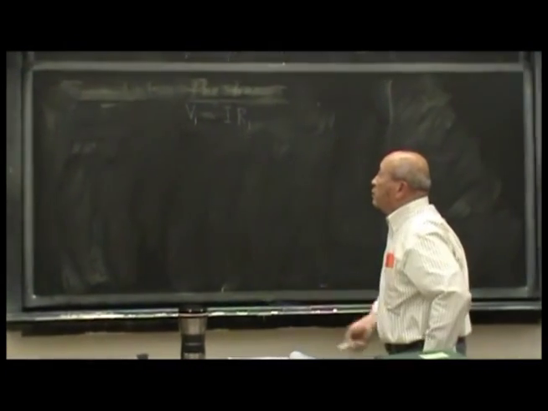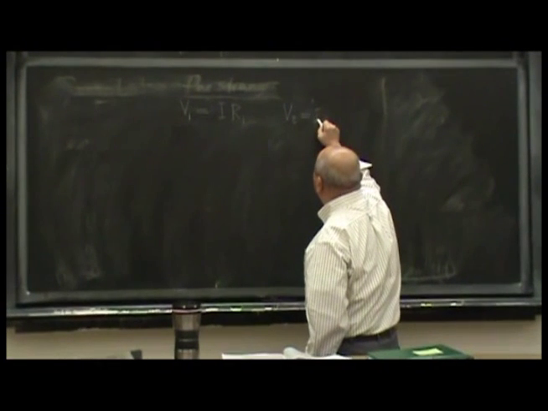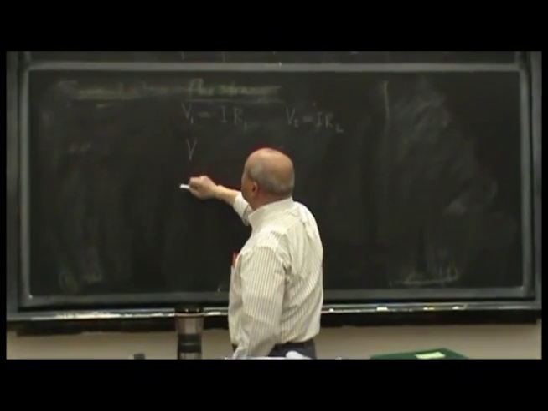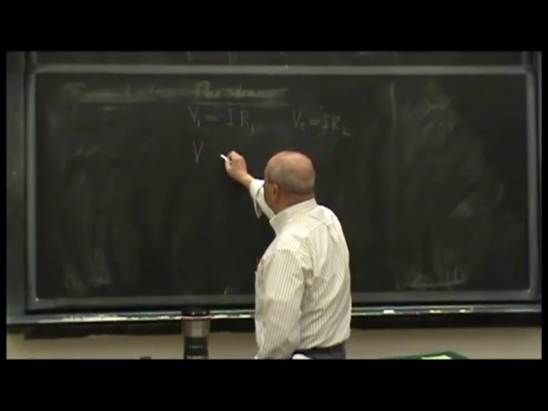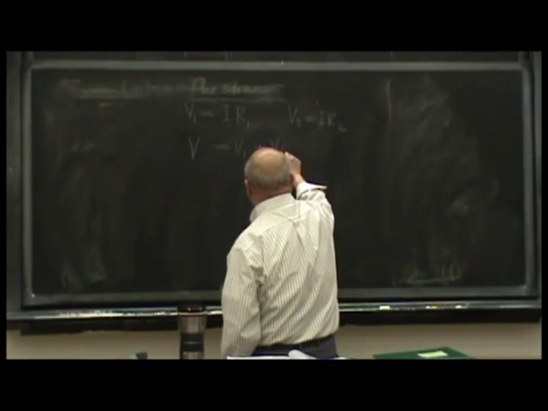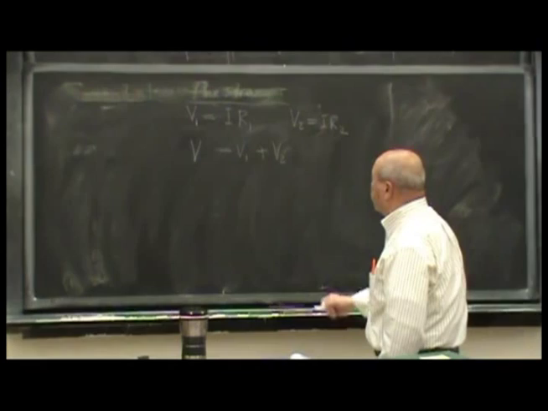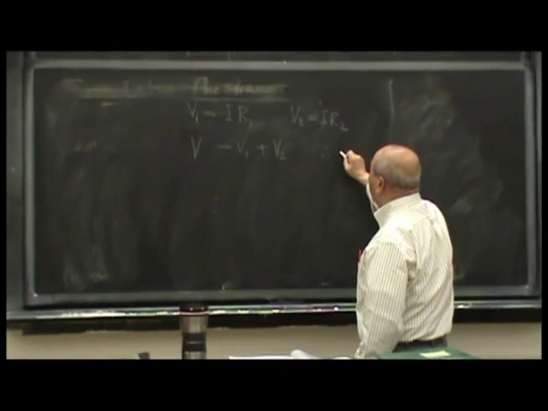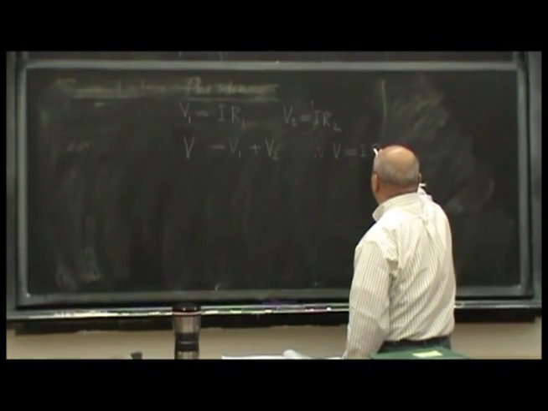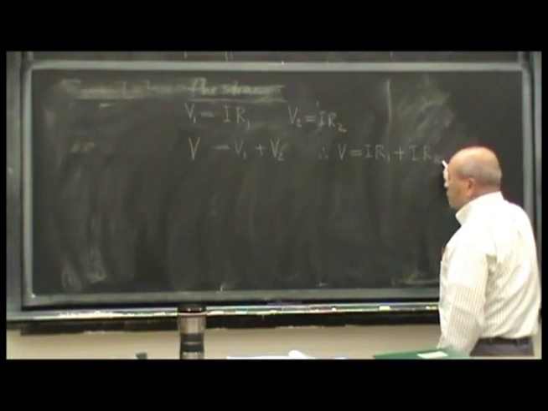So V1 equals I R1, V2 equals I R2. So we have the voltage equal to V1 plus V2. So V equals I times R1 plus I times R2.